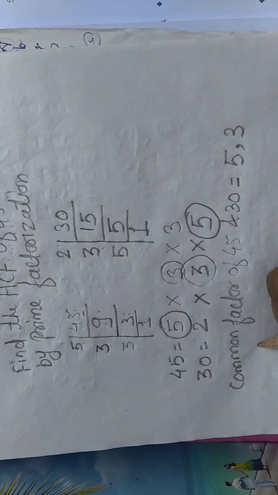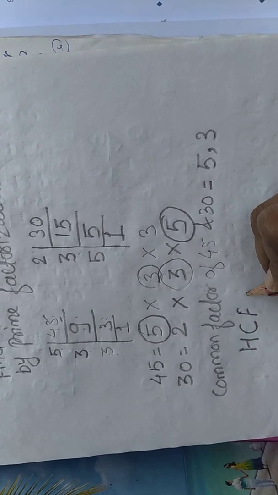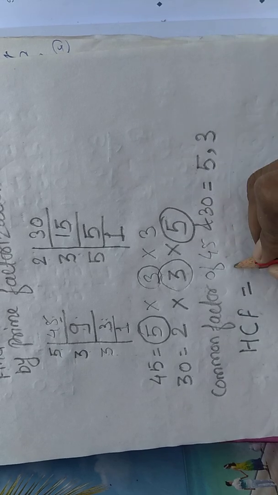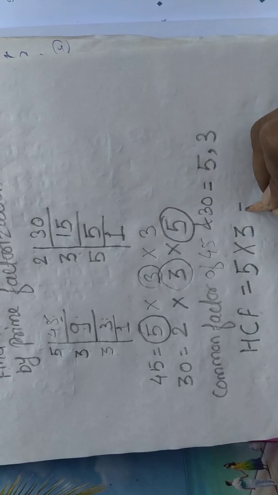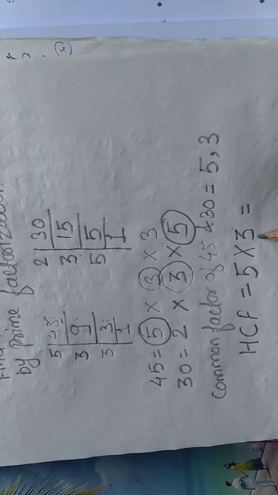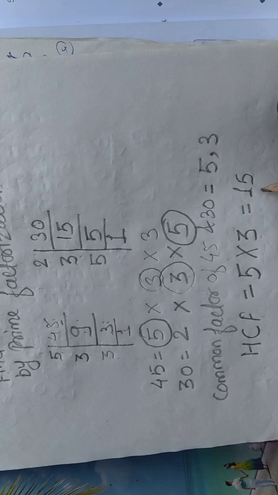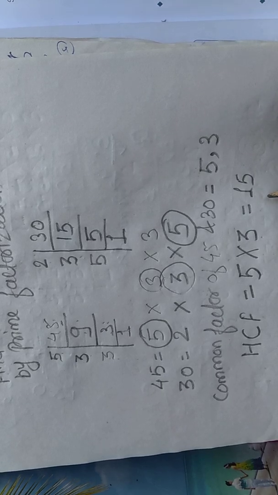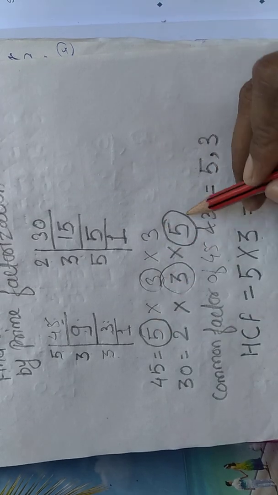Lastly we find the HCF. For the HCF, we find the product of the common factors. The product of the common factors is 5 3s are 15. So our HCF is 15. When we use the prime factorization method, we have to find the product of the common prime factors.